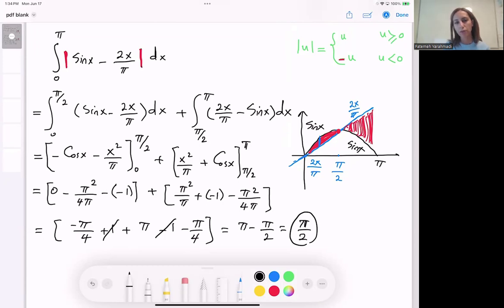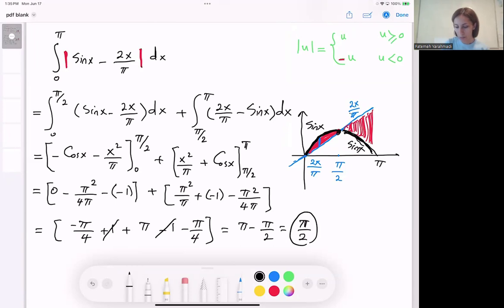So when you have absolute value, try your best to visualize the absolute value. Whenever your u is positive, you get your u back. The absolute value just disappears, right? So that's why I divided that into two pieces. I can see on top, I have a larger y value, and my smaller y value is down here. But after pi over 2, my larger y value is this line, and my smaller y value is this sine.